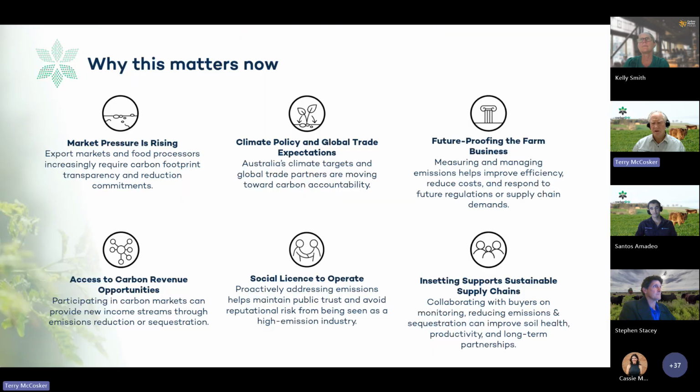So that's leading into why this matters now. There is market pressure coming from the McDonald's type end of the market, who want to look at their scope 3s, which is your scope 1s. So there's going to be interest in, firstly, what are your emissions?